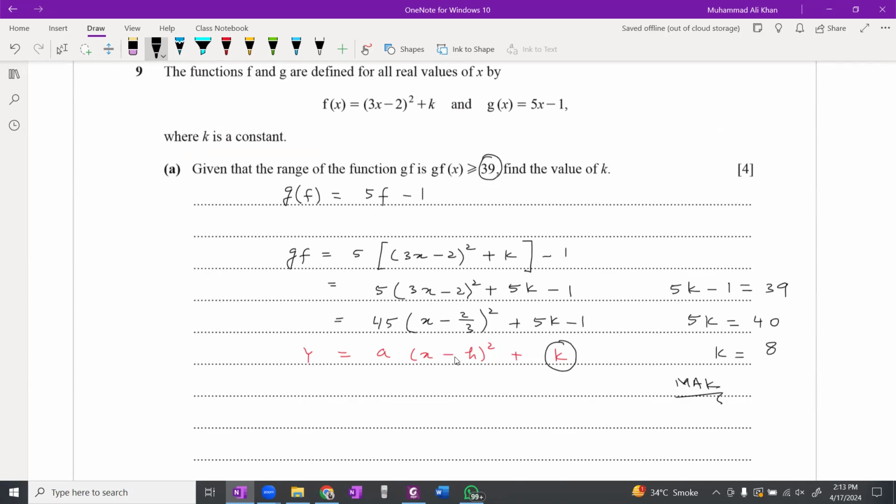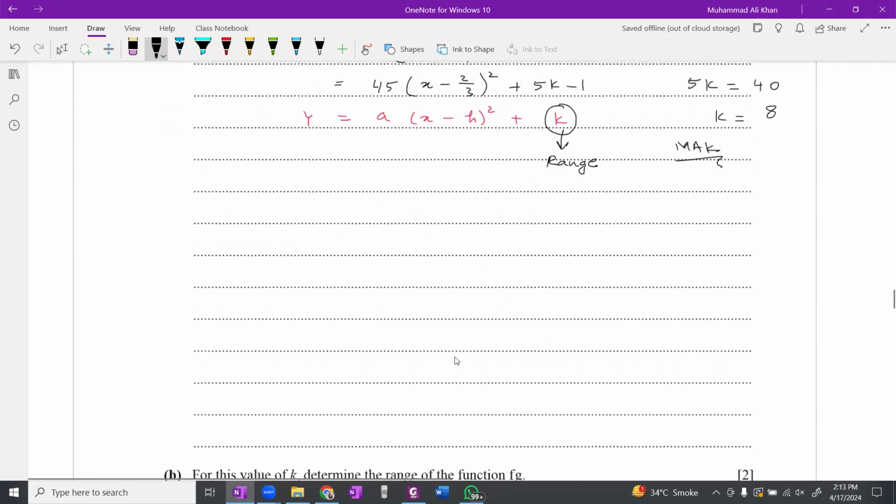We have considered it as our general curve, and according to the general curve, the range is 39. And this is basically the value of range. So now the range 5k minus 1 is equal to 39, and by this we'll get the value of k.